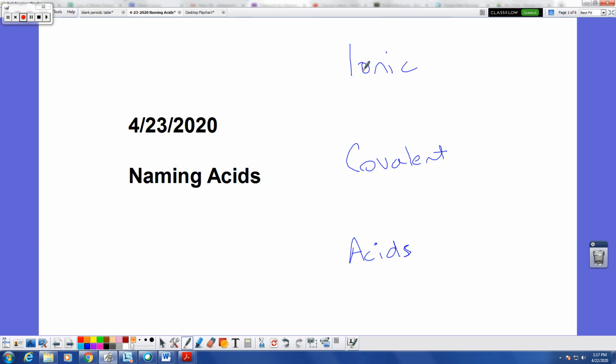Okay, if you remember, we said ionic is going to be a metal with a nonmetal. Covalent is going to be a nonmetal with a nonmetal. Okay, these name with, you use Roman numerals for transition.